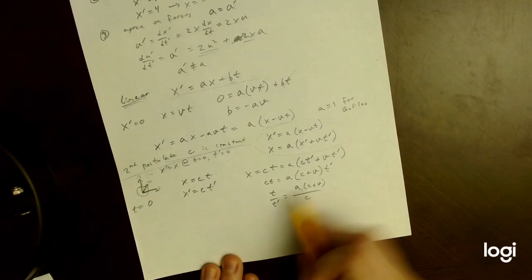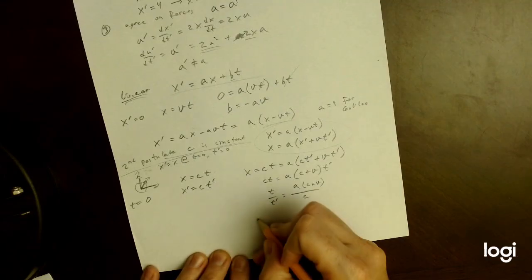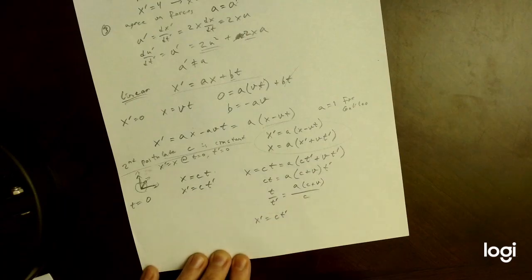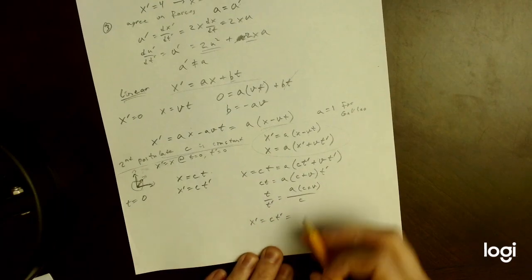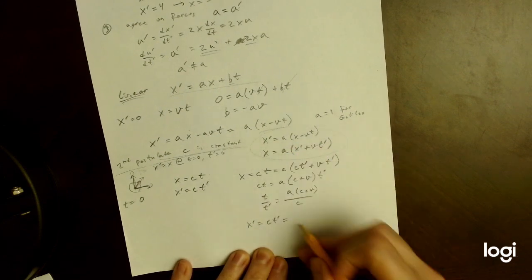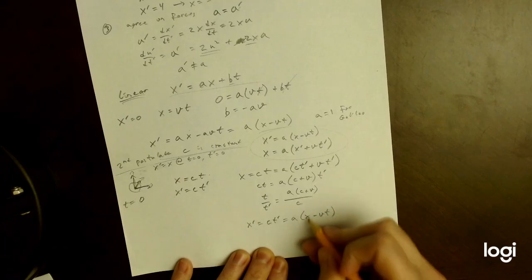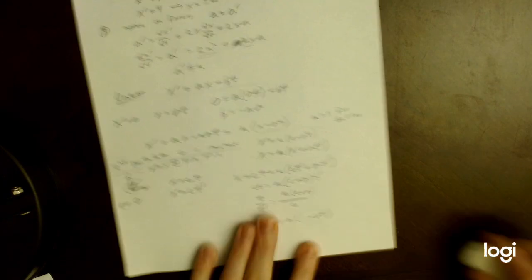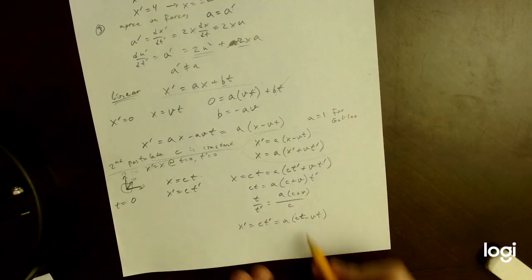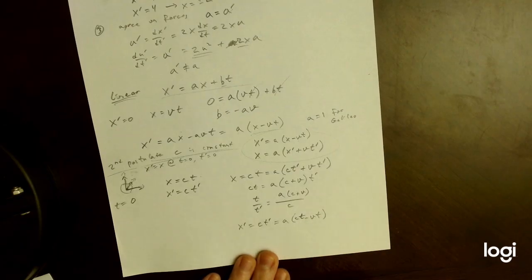Okay, I'm going to set this aside for just a moment, and I'm going to do the exact same thing, but now in the primed coordinate system, where I know x prime equals ct prime as well. And then I know x prime from our relationship here is also a times x minus vt, and I'll again replace this x with, I know it to be ct, because in the x coordinate frame, that's the location of that pulse in the unprimed coordinates.